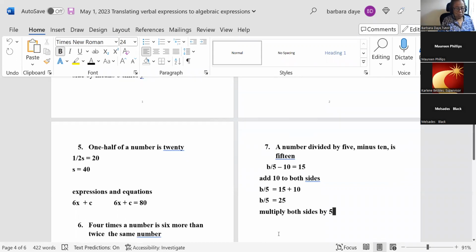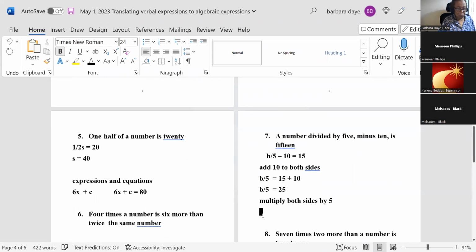And what do you get, Maureen? B would be equal to what? 5 over 5 on the left is just 1. So that would just be B, times 5, and 25. And what's 5 times 25, Maureen?